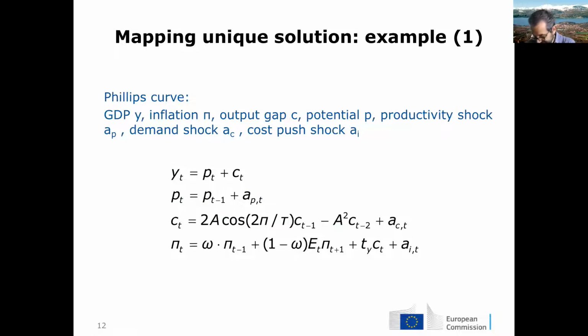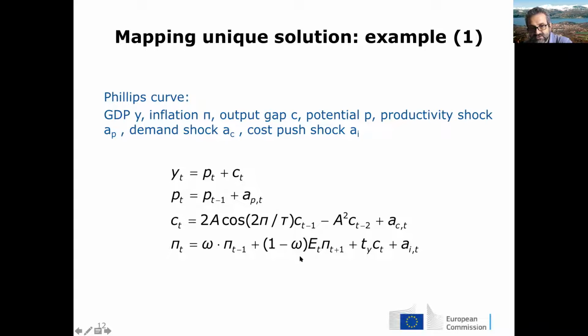So let's pick a super simple model, a Phillips curve model. In the end, the only structural equation in this model is the last one. This is a hybrid Phillips curve, so current inflation depends on the expected inflation, but there is omega, let's say, a price indexation or a share of firms that don't update the price in each period.